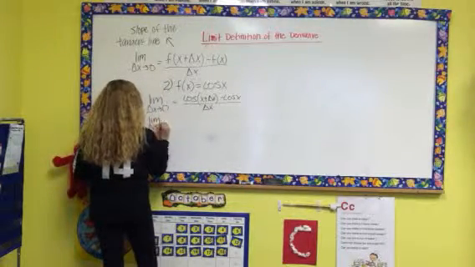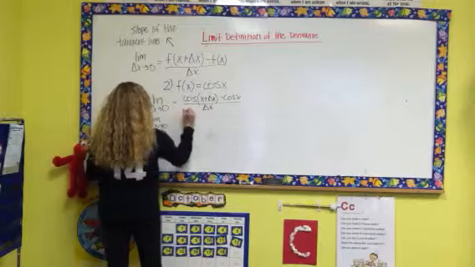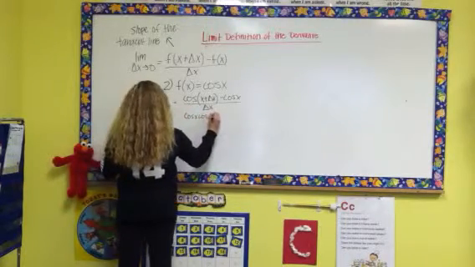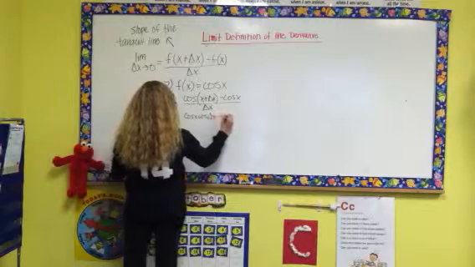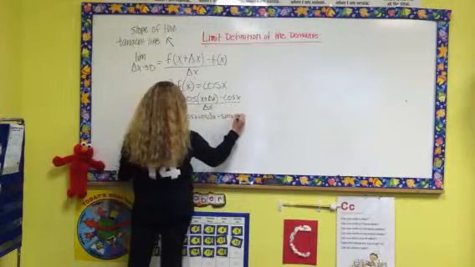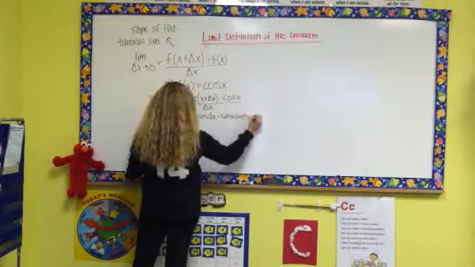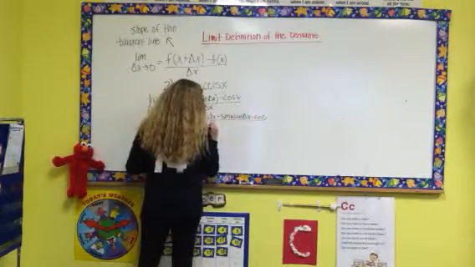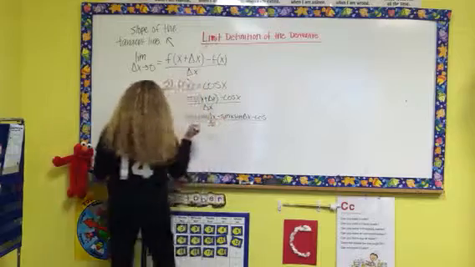Then we get cosine x cosine delta x minus sine x sine delta x minus cosine x all over delta x.